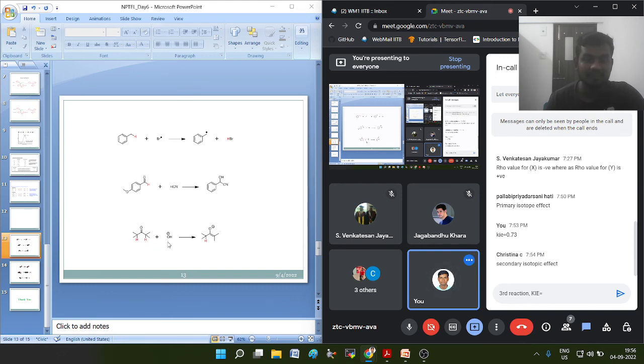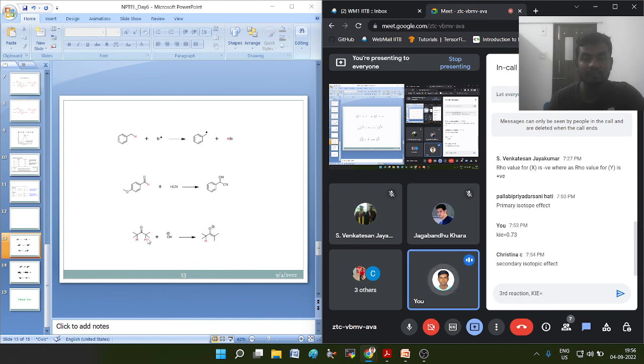this is a primary kinetic isotope effect. This is an enolate formation. Actually these two hydrogens are equivalent. I have shown only one here. See, this OH minus will abstract this hydrogen. Then the CH bond will break and it will form an ion which is conjugated. That's why it is shown here.